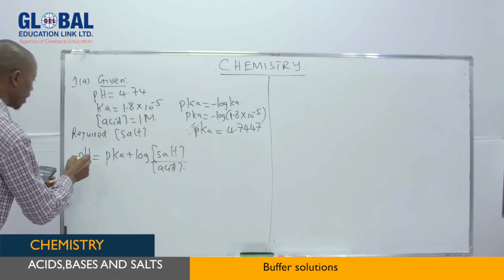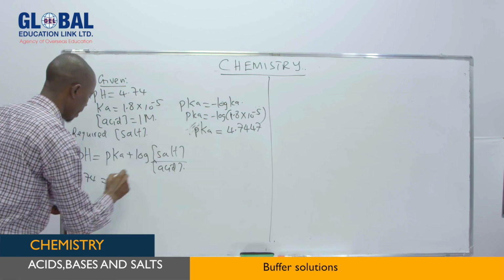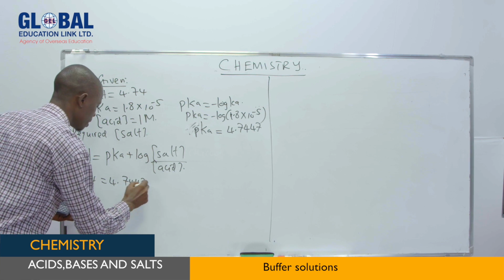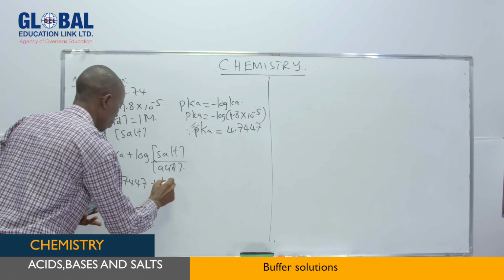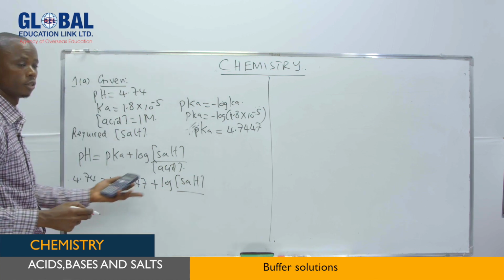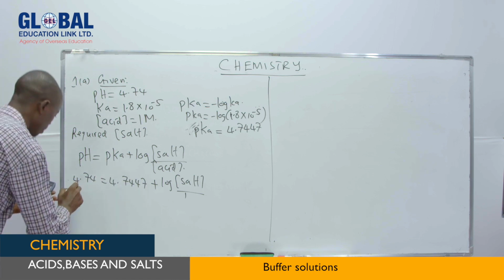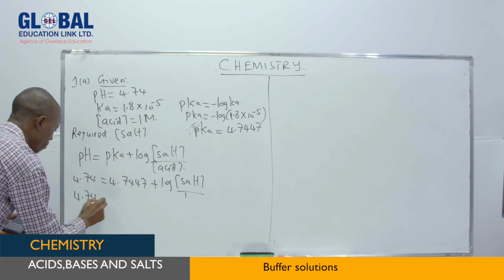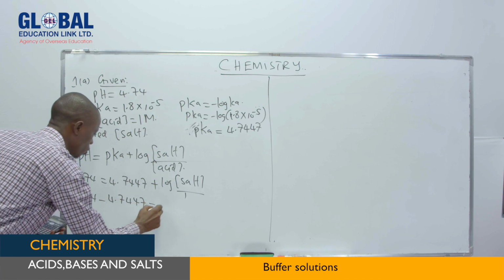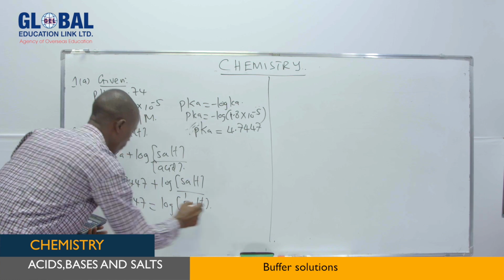Now we just put it there. pH 4.74 equals pKa 4.7447 plus log concentration of the salt, that is what we're looking for. Concentration of the acid is 1. So you can take this one and subtract to this side. So 4.74 minus 4.7447 is equal to log concentration of the salt.